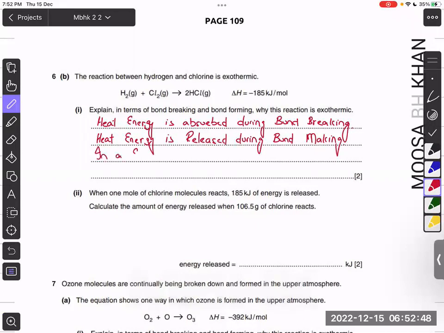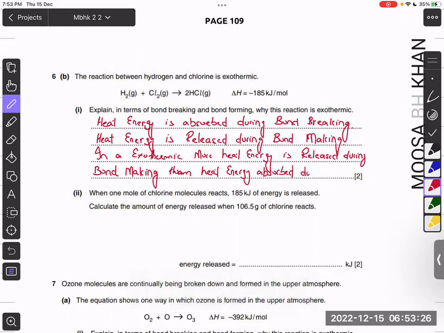In an exothermic reaction, more heat energy is released during bond making than heat energy absorbed during bond breaking.